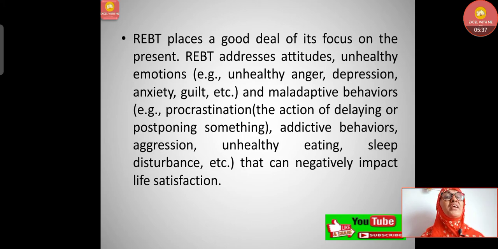Then addictive behaviors, aggression, unhealthy eating, which is very relevant nowadays, and sleep disturbance. Technology has increased and children tend to go behind it, leaving their eating and sleeping habits, everything getting disturbed, and that can negatively impact life satisfaction. To solve all these problems, REBT is introduced.